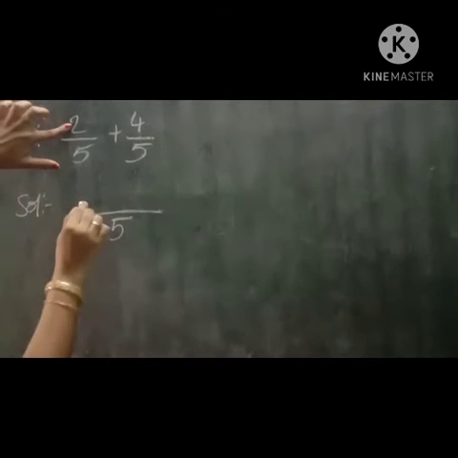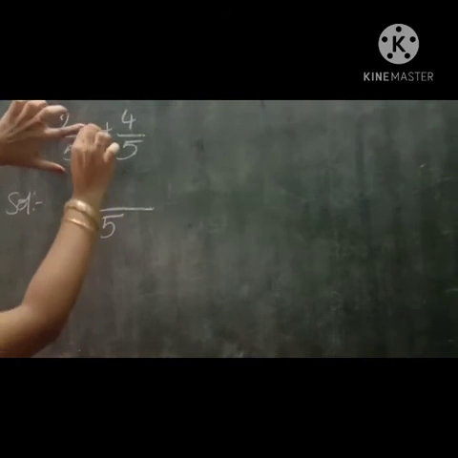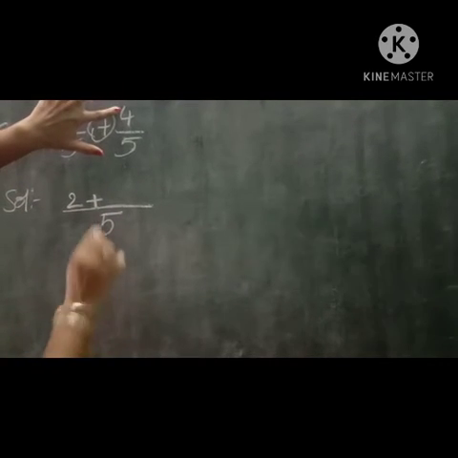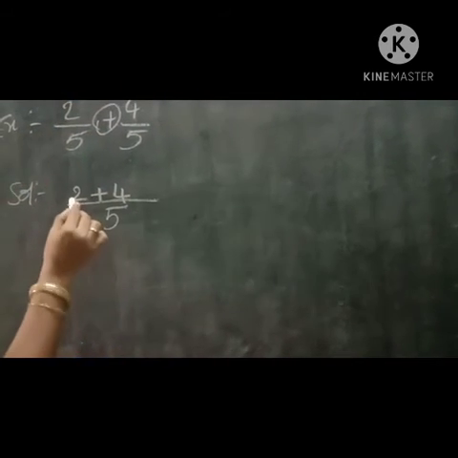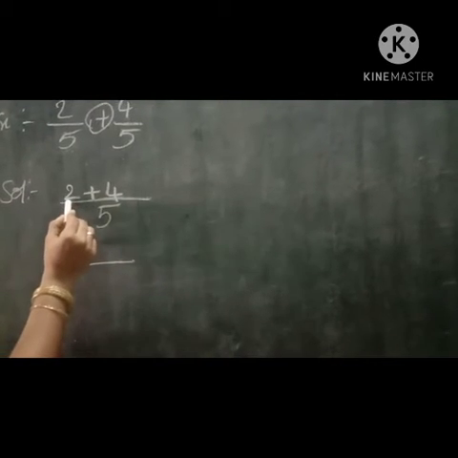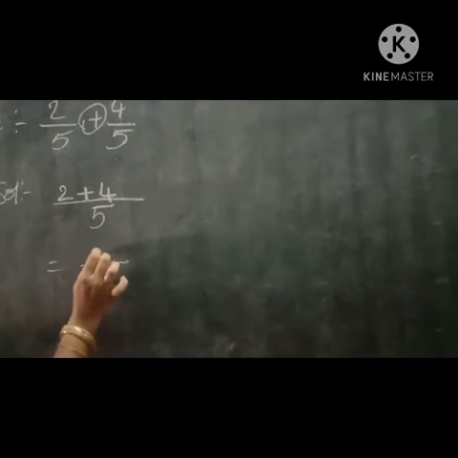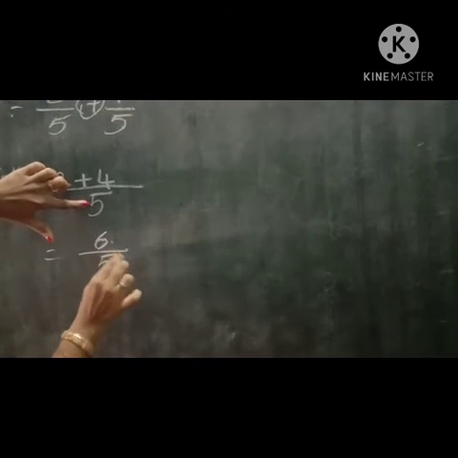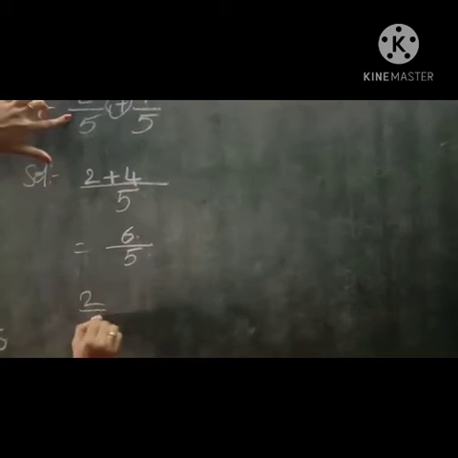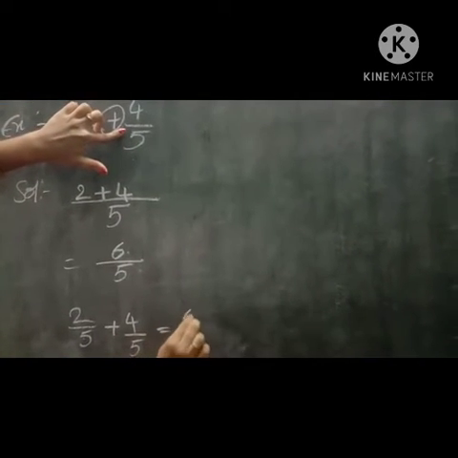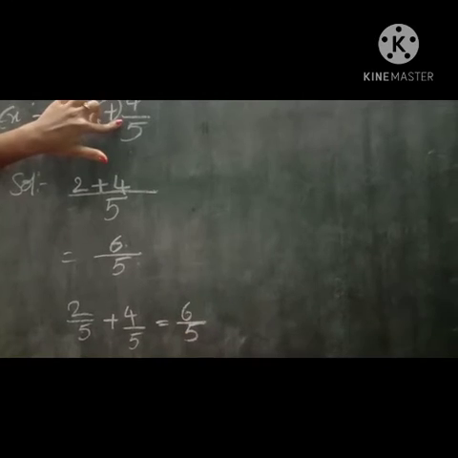Next here 2. What is the symbol? Plus symbol is there. So write plus. 4 is there, so write here 4. Next 2 plus 4 is equals to how much? 2 plus 4 is equals to yes 6. By denominator number is 5. 2 by 5 plus 4 by 5 is equals to 6 by 5.